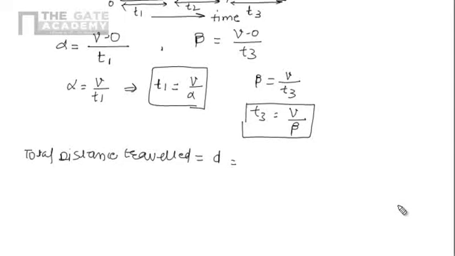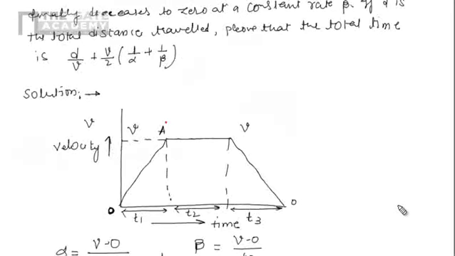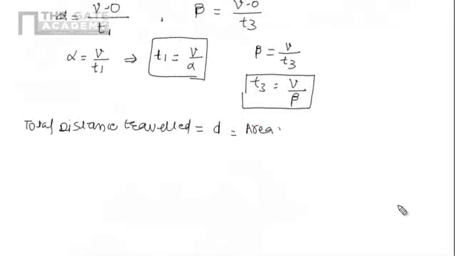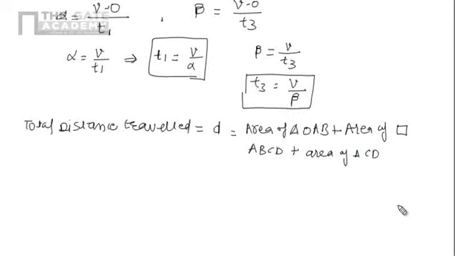For this I am giving the point names: suppose O, here A, B, C, D, and suppose this one is E. So here we have area of triangle OAB plus area of rectangle ABCD plus area of triangle CDE.